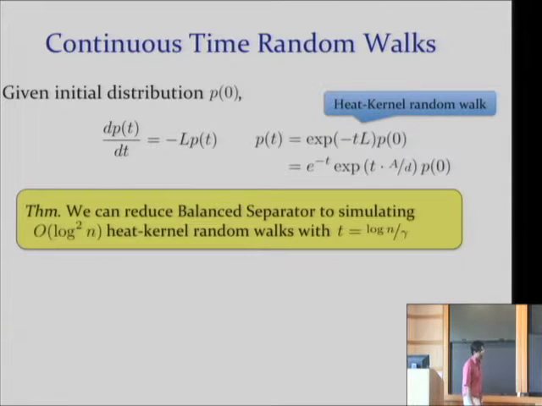Is this theorem false if you use the discrete time random walk, some kind of lazy walk? It's true, but the only way we know how to simulate these random walks is you have to run for poly 1 over gamma time. All of the existing results say to try to cut the walk at every step.